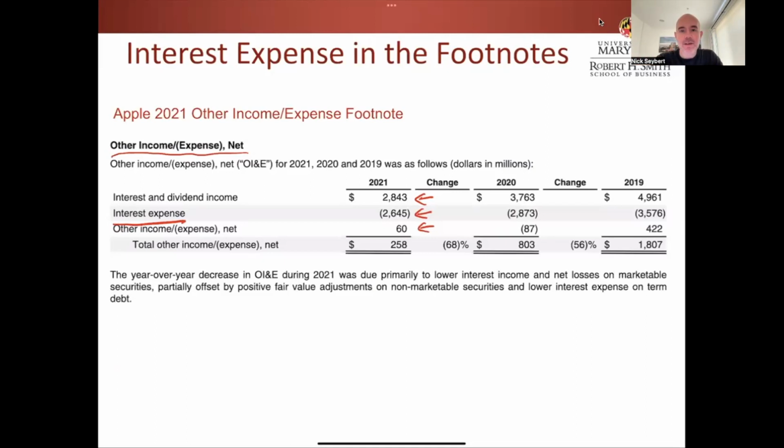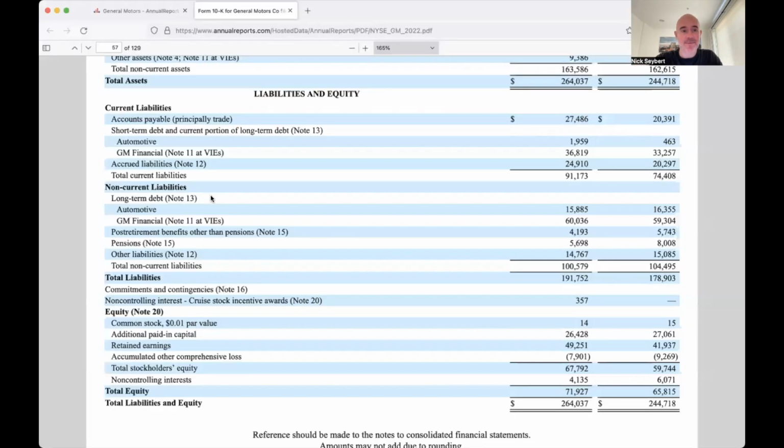The other thing that I wanted to share is let's talk about the debt, because I also listed for Apple 120 whatever billion of debt. But debt usually is not just one simple line item. You can't just go to the balance sheet usually and find something that says debt. You might see notes payable.